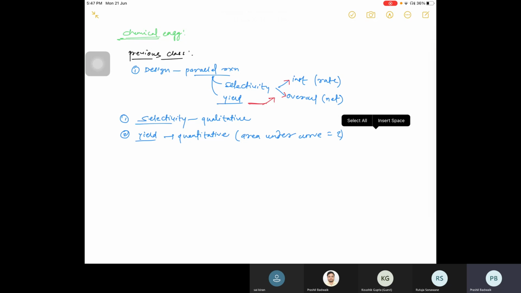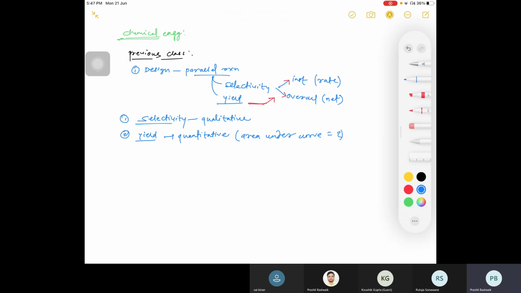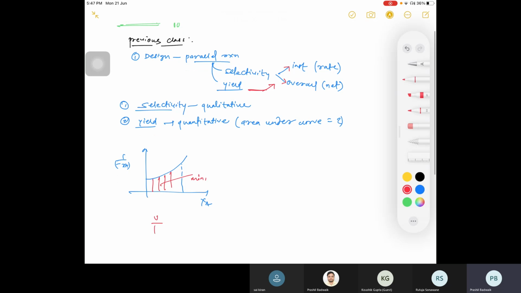In order to have maximum yield, in the case of 1 by minus RA versus XA, that is your Levenspiel graph, this area under the curve should be minimum, because P divided by FA naught is equal to the area under the curve, that is the integration of dXA divided by minus RA. So this is about volume of reactor, and that's why we are on the way to calculate minimum area.